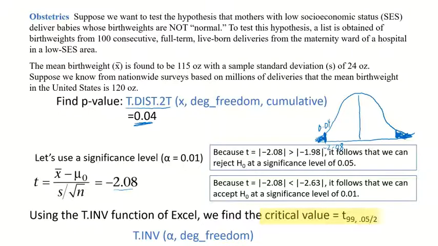So that's the probability of getting a value that's equal to negative 2.08 or lower or higher.